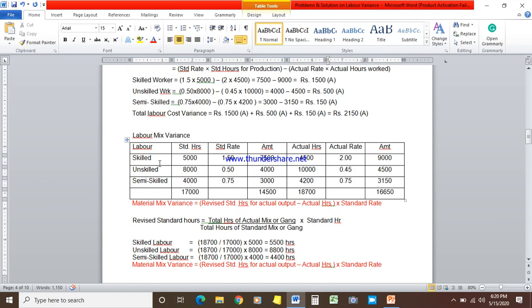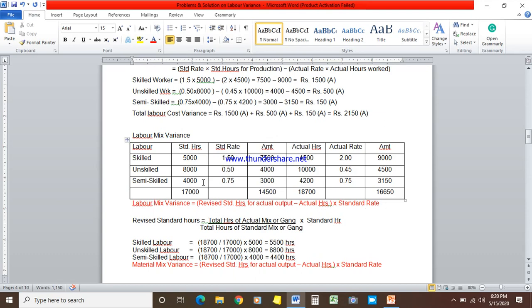In that case we would like to know whether there is any labor mix variance. Labor mix variance is also calculated using this formula, that is labor mix variance is equal to revised standard hours for actual output minus the actual hours, multiplied by standard rate.